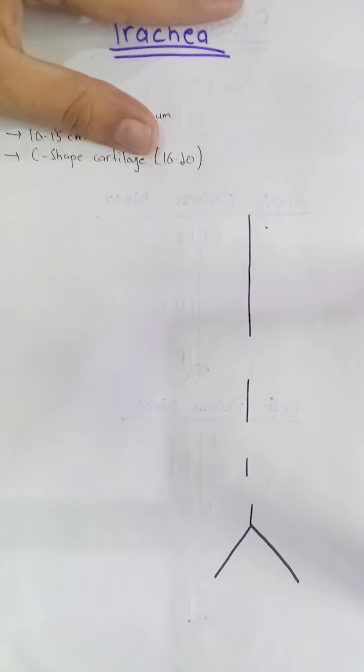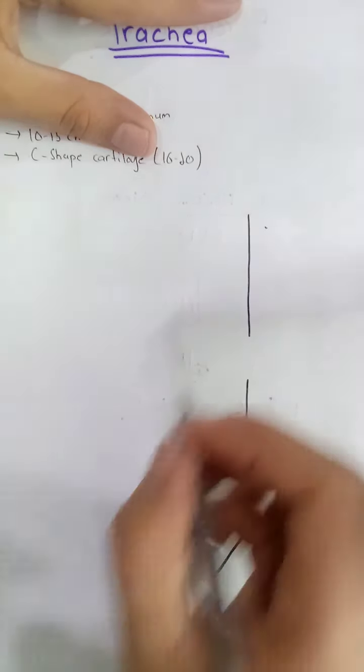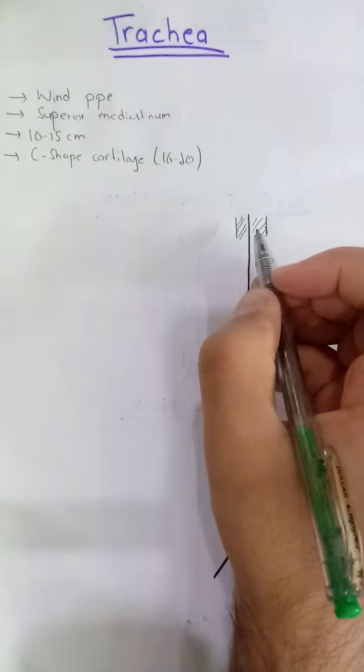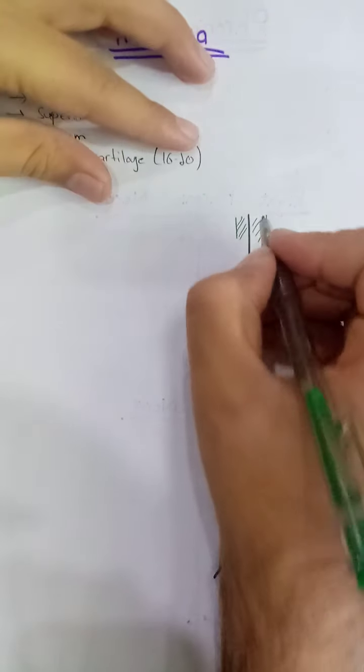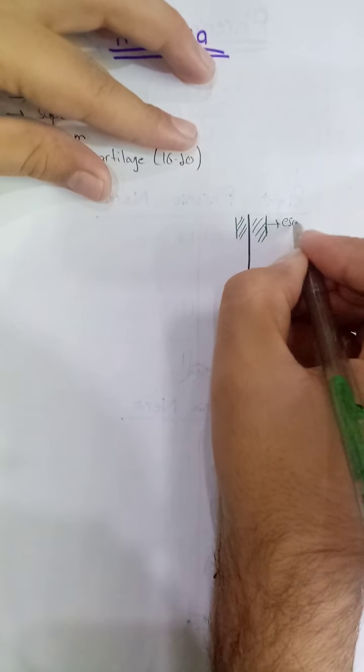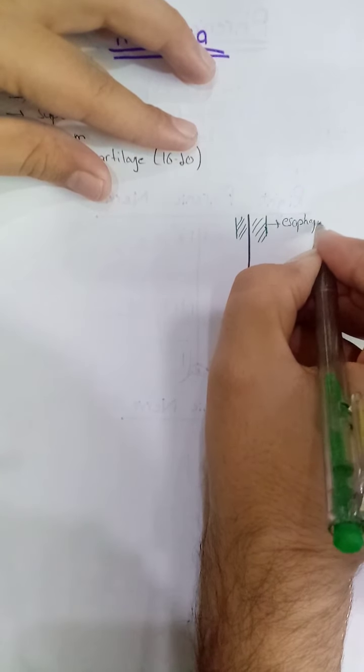The trachea enters the thorax anterior to the esophagus. It is smooth on the posterior side, and that smooth side is placed over the esophagus. So it is anterior to the esophagus as it enters the thorax.